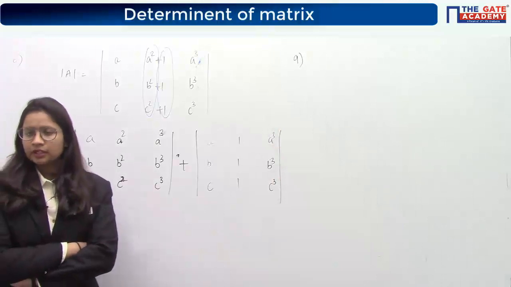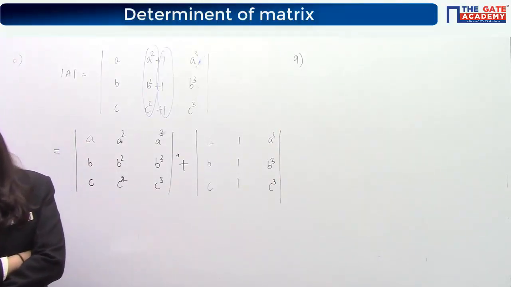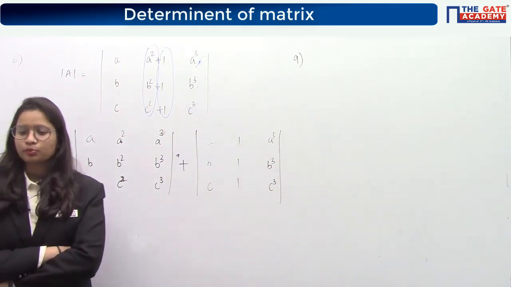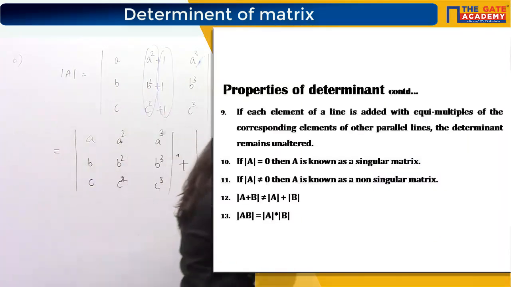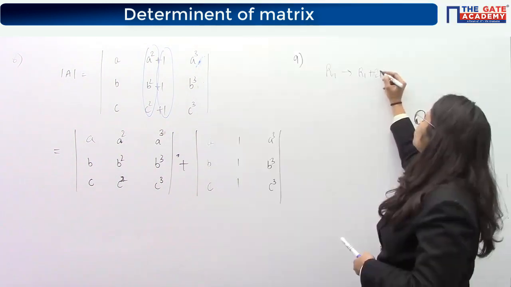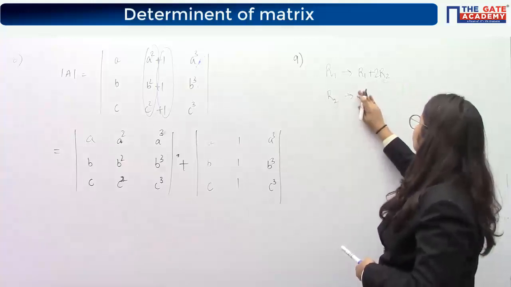Udit will repeat his question. Up till then, write down this property: that if each element of a line is added with equi-multiples of the corresponding elements of the other lines, the determinant remains unaltered. So what it is talking about is the process of elementary transformation. You have already studied this thing. You must remember that all you used to do is like this: R1 plus 2 R2 you would do, and still the determinant will remain the same.